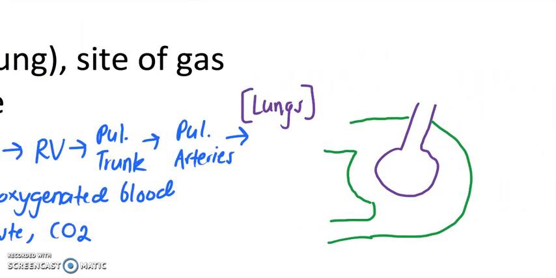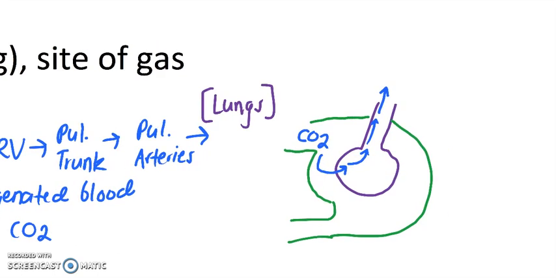Okay, so this is where, here's CO2. Because these capillaries are thin enough, it can diffuse into the alveoli, and then we are going to breathe out this waste product. So this is going to exit the body via your respiratory system. Very similarly, we breathe in O2, and this is where we absorb that O2.